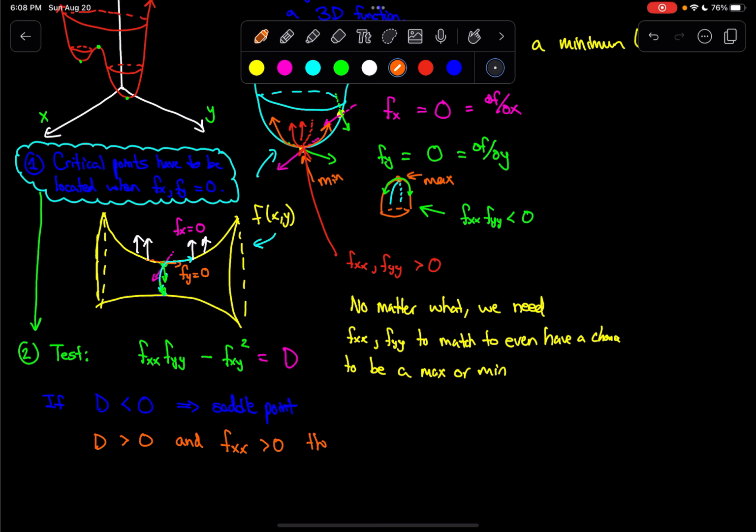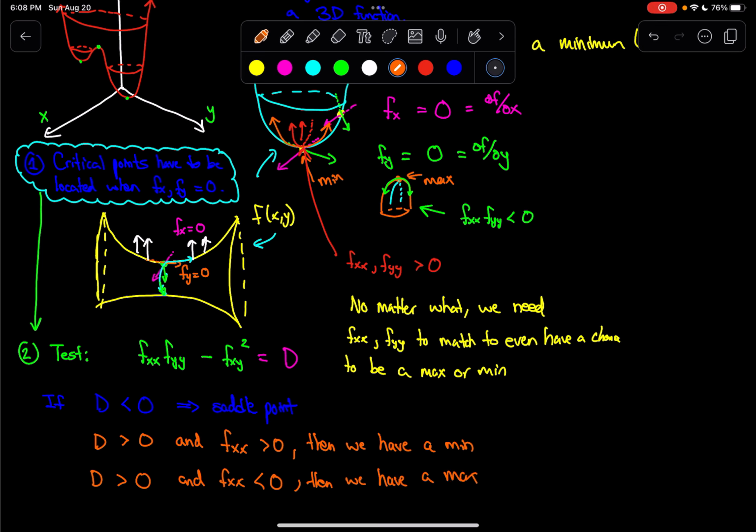So then we have a minimum. And the other case is if D is positive and we are concave down, then we have a maximum. And that's it. That's all there is to it.